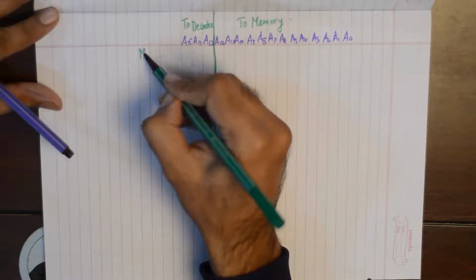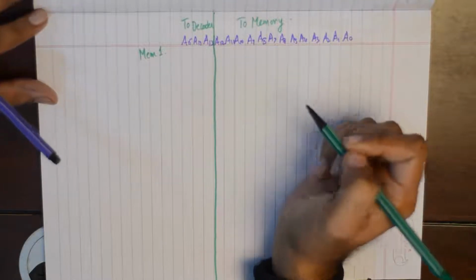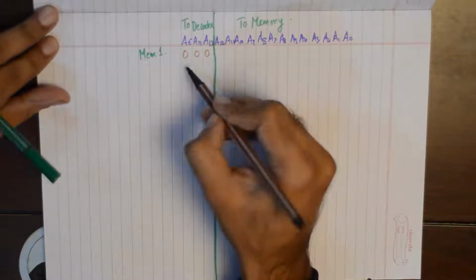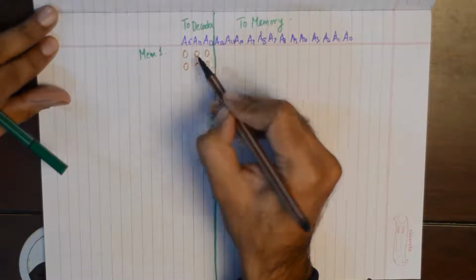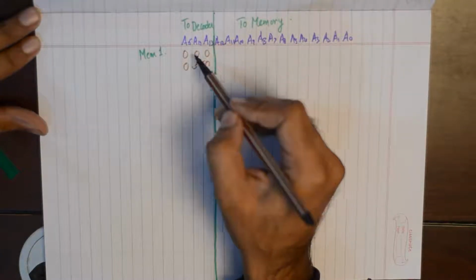what we do is we say for memory 1, to select memory 1, we must select 0, 0, 0 here. Whenever 0, 0, 0 is there on 13, 14 and 15, memory 1 is selected.